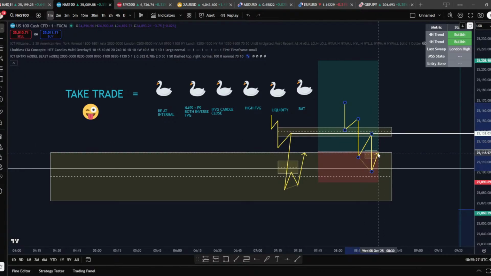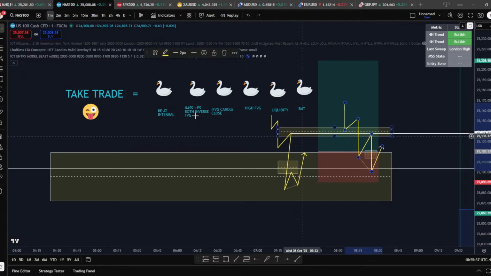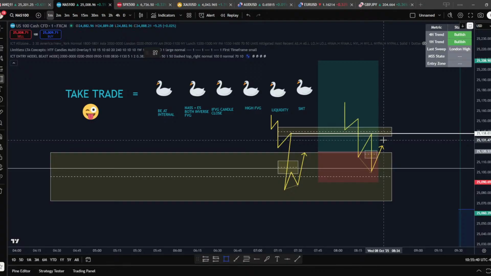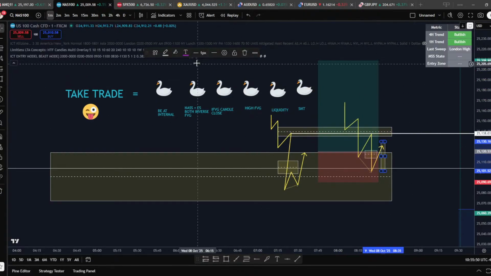And this is the fair value gap that you're targeting. And this is your close there. It wicks up, okay? And then closes here. So let's say this is, let's draw it out actually. So let's say this is the candle that you are targeting.